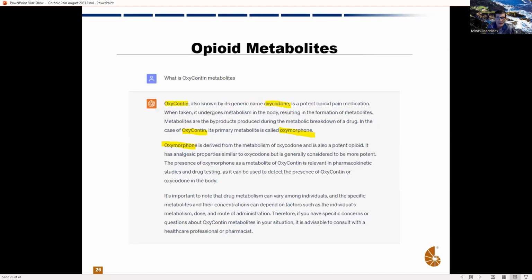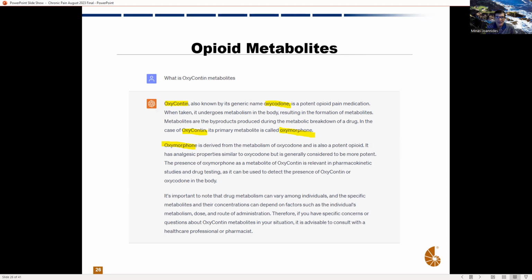So using ChatGPT again, I mean, we want to stay on the cutting edge, right? Pardon my poor grammar in the question to ChatGPT, but I said, what is OxyContin metabolites? And I then corrected it, but I got a different answer when I used what are the OxyContin metabolites.